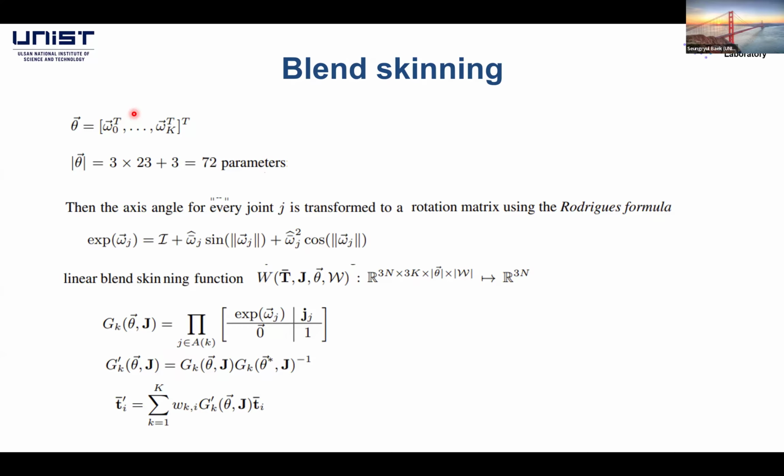Are you guys understanding this? Its dimension is 3 times 23 plus 3. We need one more 3-dimensional rotation angle because we also want to rotate the SMPL itself globally. So this extra 3 is the rotation angle for global rotation. So for pose, we have 72 parameters.